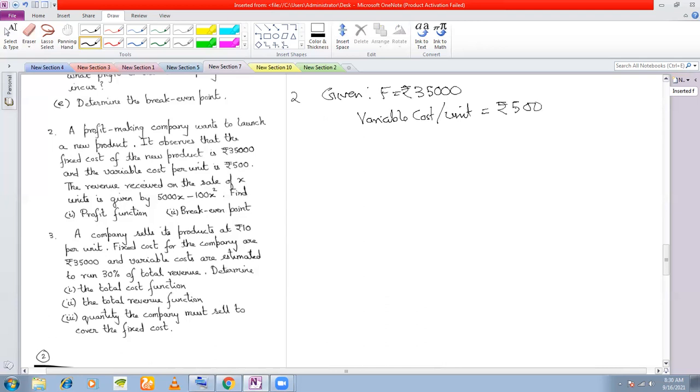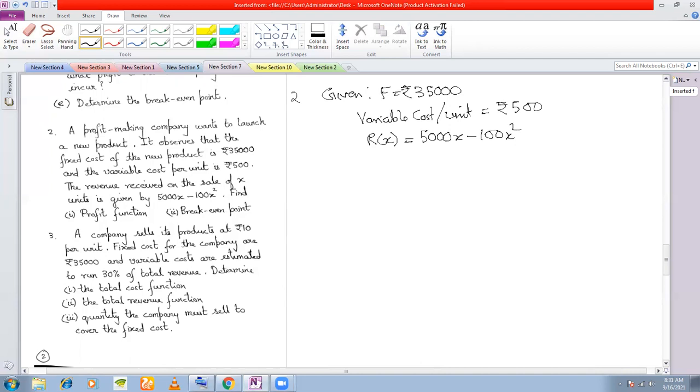The revenue received on the sale of x units is given by R(x). So the revenue function is also given to you.